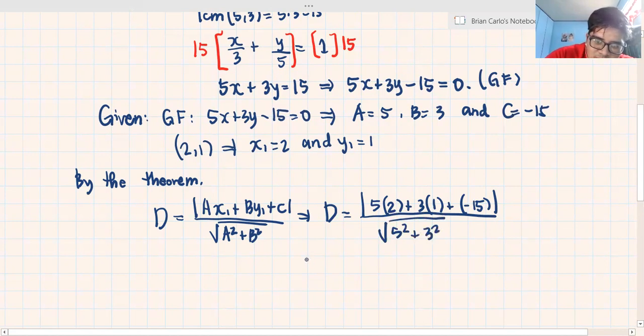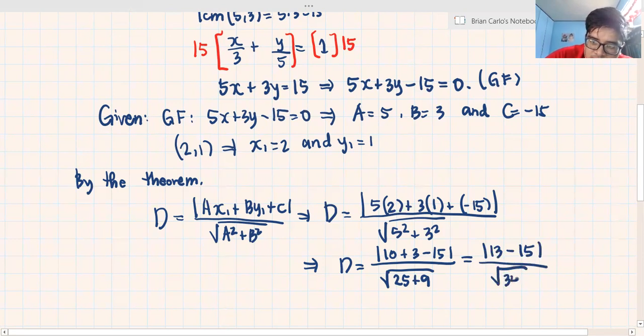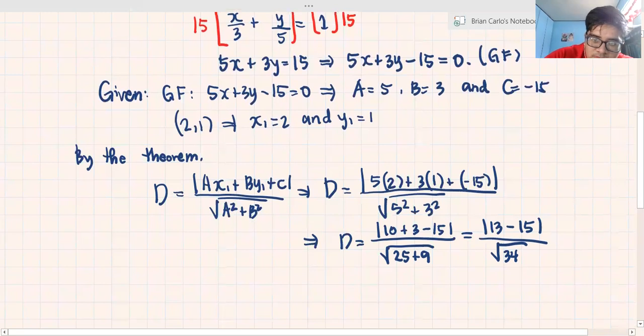So, this implies that the distance is equal to 10 plus 3 minus 15 all over square root of 25, 5 squared plus 9 kasi 3 squared. So, this is equal to 13 minus 15, absolute value pa rin, over square root of 34. Diba? Or, this implies then, d is equal to absolute value of negative 2 all over square root of 34.